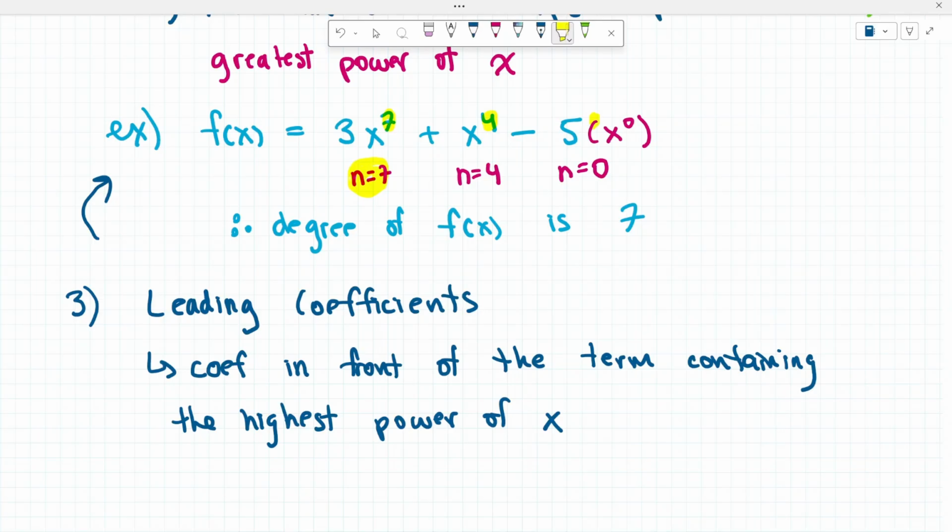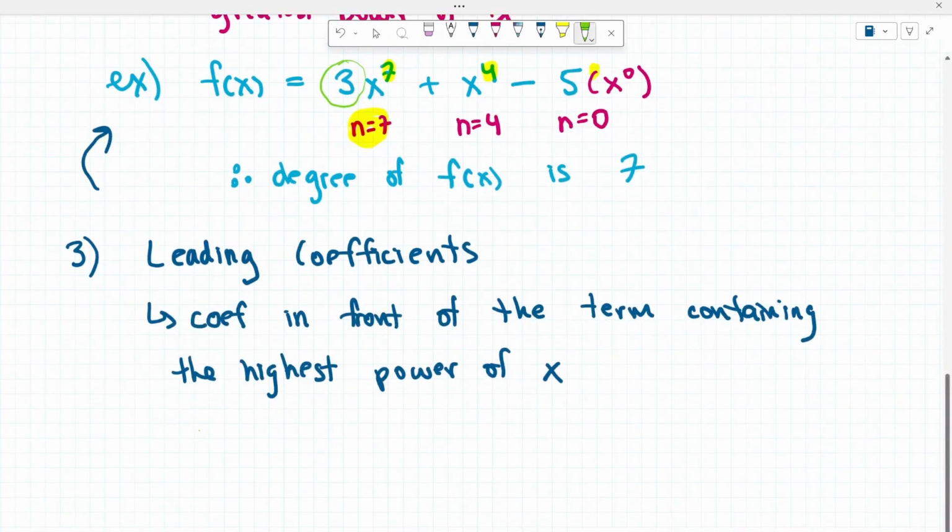So that means that our leading coefficient is going to be the coefficient that is in front of that term. So in this case, we see that the 3 is our coefficient in front of this. So that means that therefore 3 is the leading coefficient, which I'm going to write as LC.